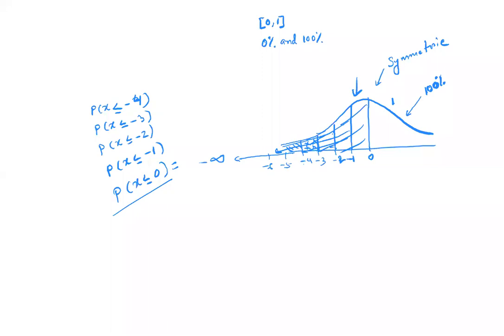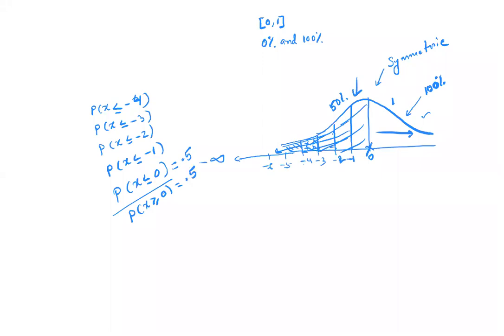All right. Now, the left half should be half of 100%, and the right half should be half of 100%. So the left half is 50%. That is to say, the probability of x less than or equal to 0 is 50%, or 0.5. Now, the probability of x greater than or equal to 0 is also which one? Everything to the right. That's also 50%, or 0.5.